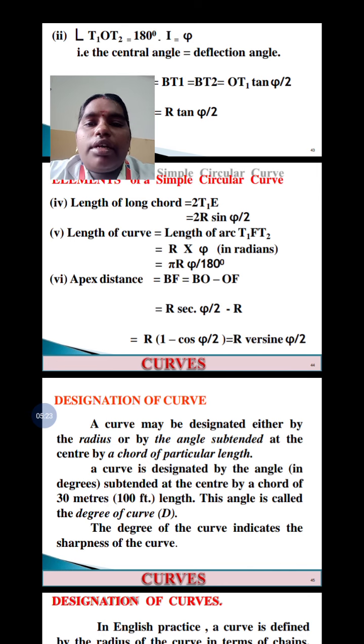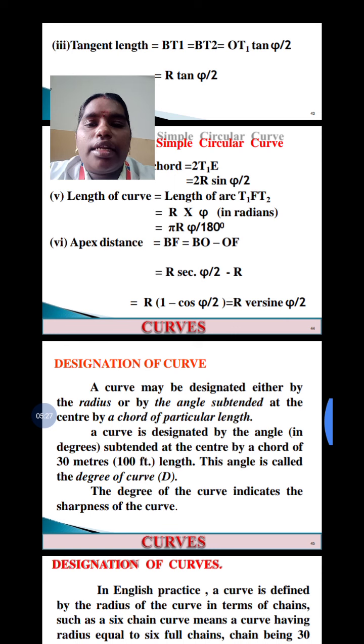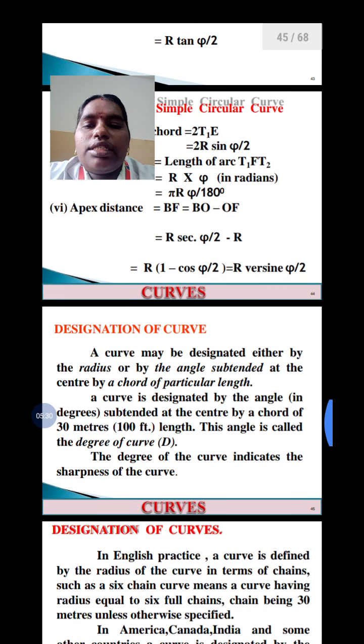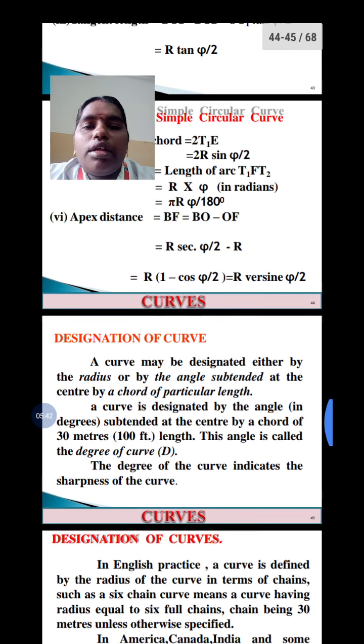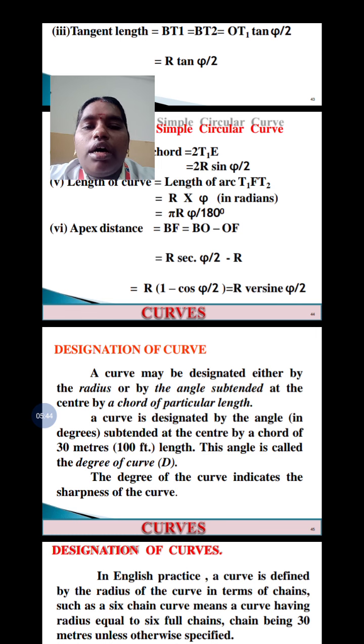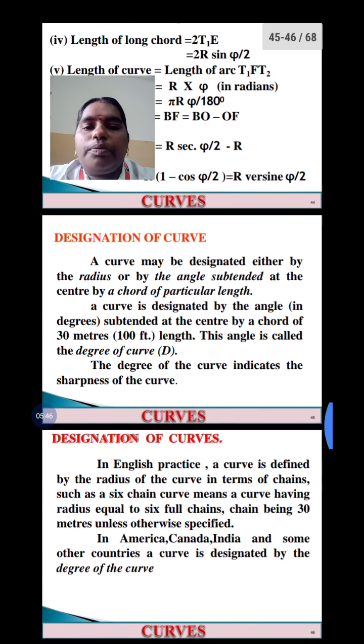The formula for length of curve is pi R psi divided by 180 degrees, in radians. Next one, apex distance. Apex distance is equal to PF, which is equal to PO minus OF. PO is R sec psi by 2 minus R. The final formula for apex distance is R versed sine psi by 2.